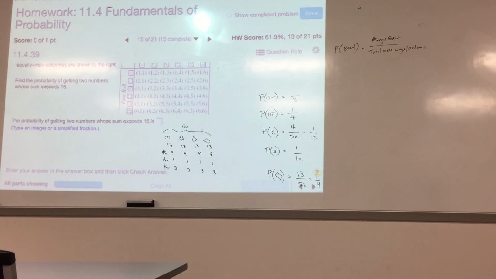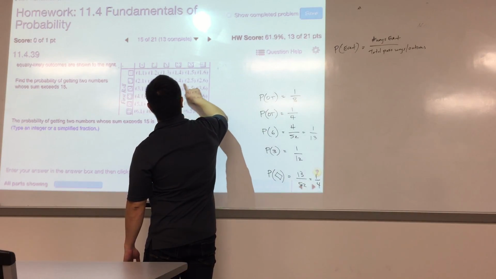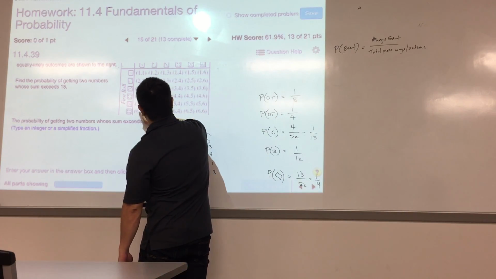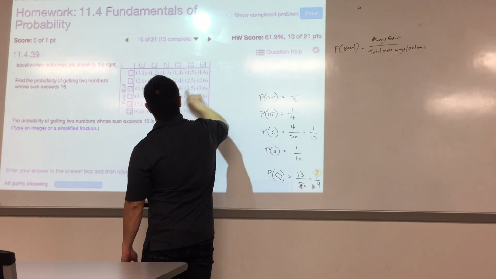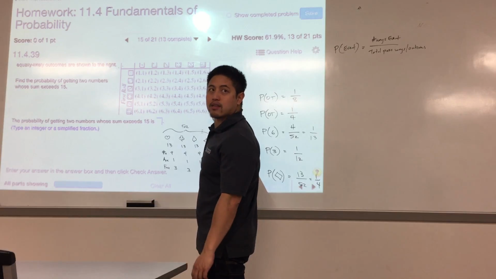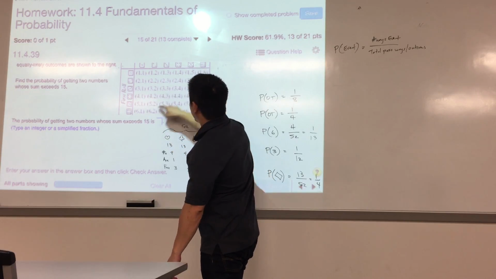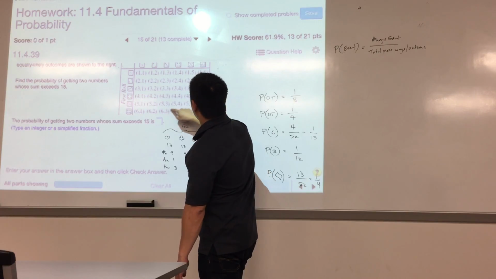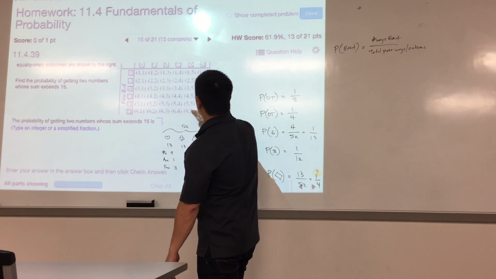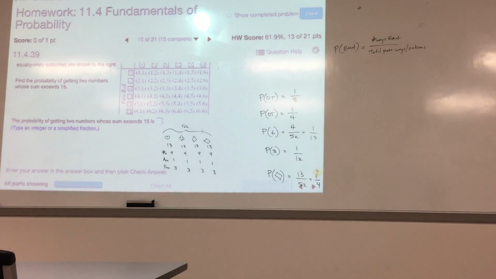It is 21. Let's talk about this. This right here in the diagonal all adds to 7. Everybody agree? Yeah. And then that means everything beyond it would add up to 7 or greater. Does that make sense, guys? There are 6 items in this diagonal. Then there's 5. Then there's 4. Then there's 3, 2, and 1. If you add them all up, it's 21. Does that make sense, guys?